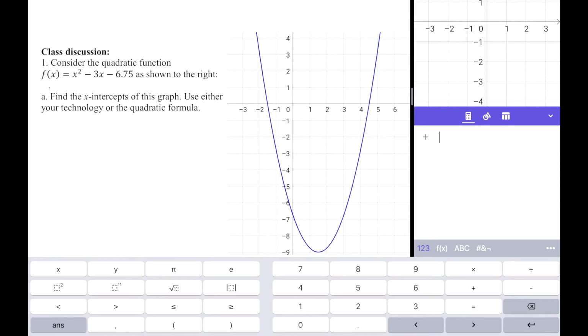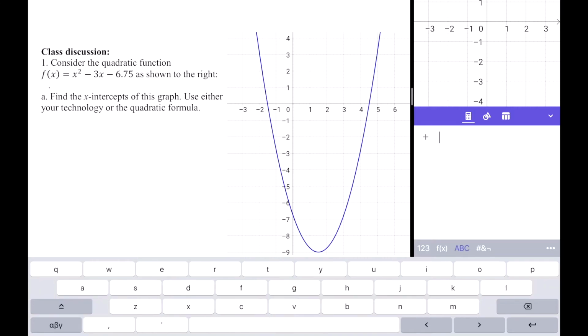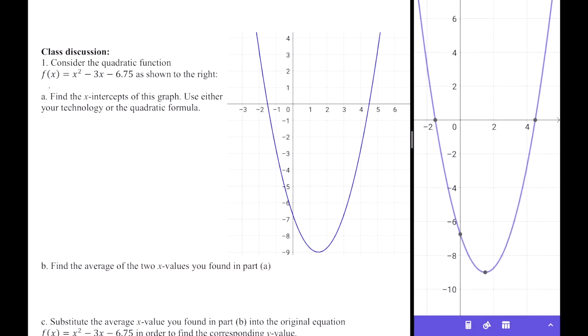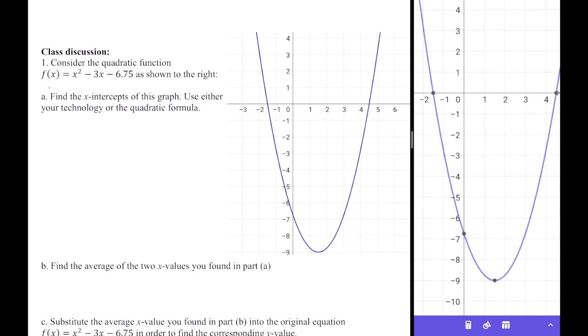So let's go ahead and type in the letter F and then f of x to have our function notation equals x squared minus 3x minus 6.75 and return. And this doesn't look that great, so I'm going to resize this. There we go. That gives me a much better view.